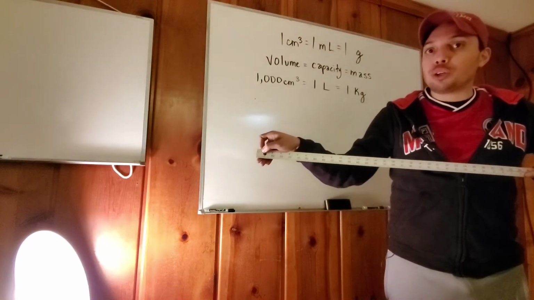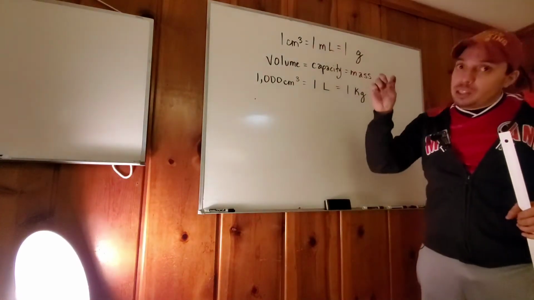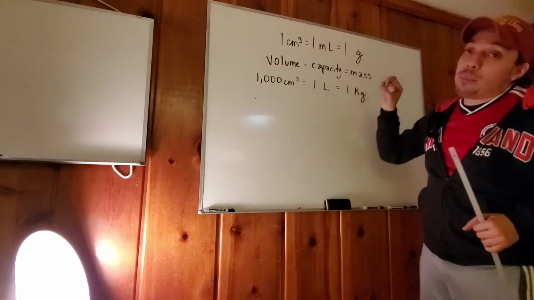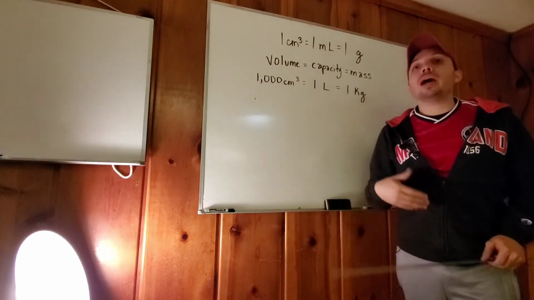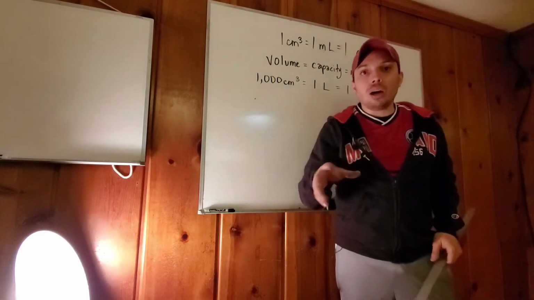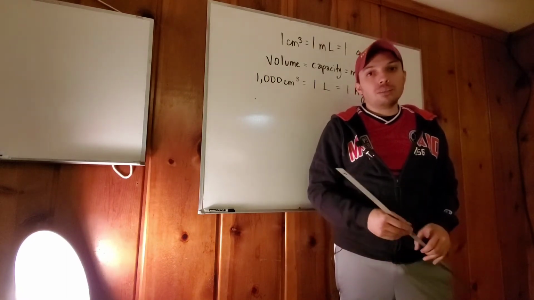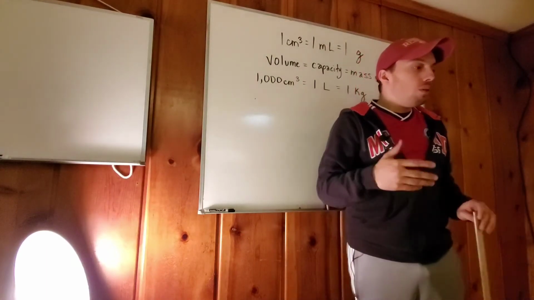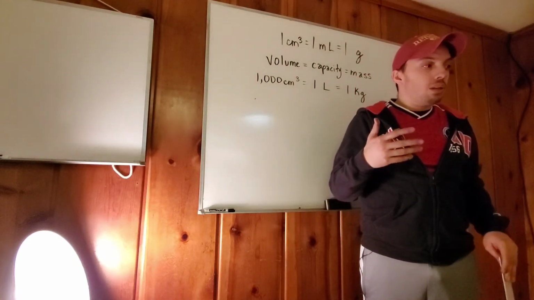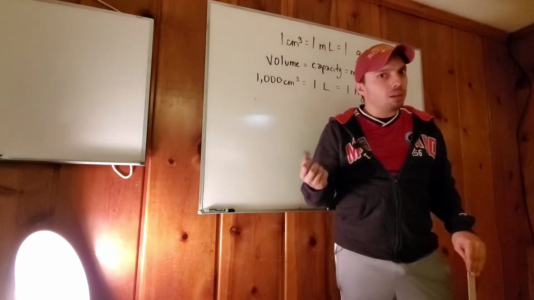So a centimeter cubed is going to be a unit that is not very big. A milliliter is also very small, and a gram is also very small. A gram is less than an ounce, and an ounce is obviously less than a pound. And a pound is not very heavy. I hope that some of you know how much you weigh in pounds.